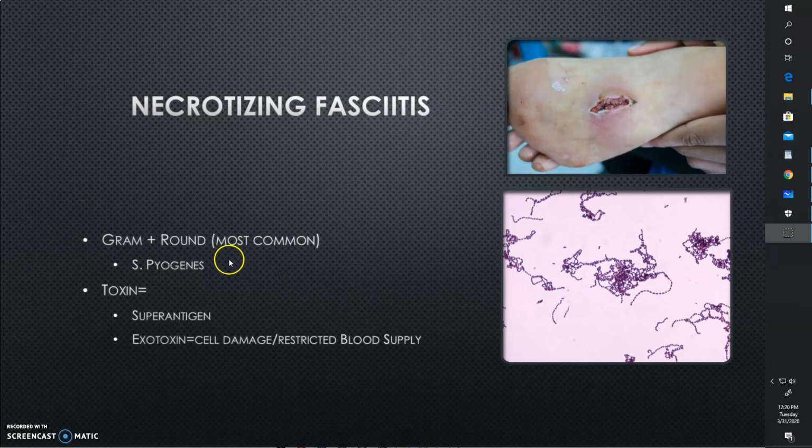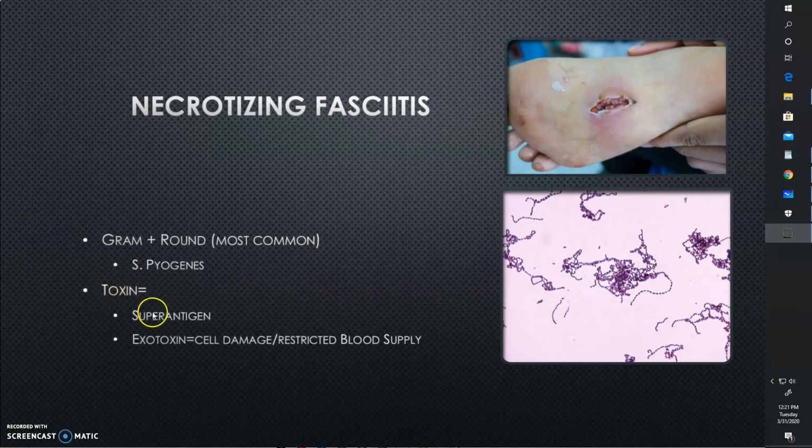But this particular one also is involved in another disease, but I think it's the most common that you find with necrotizing fasciitis. So once it gets in the wound, you have a lesion or something to cut, you can see here, and it's going to get in the wound.